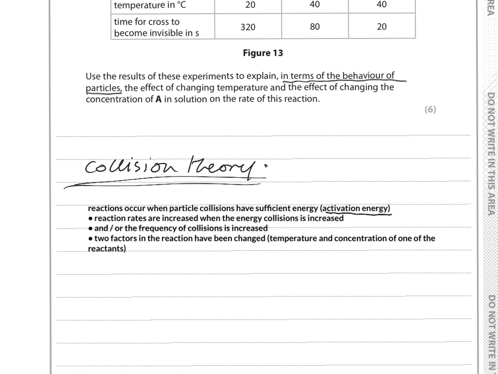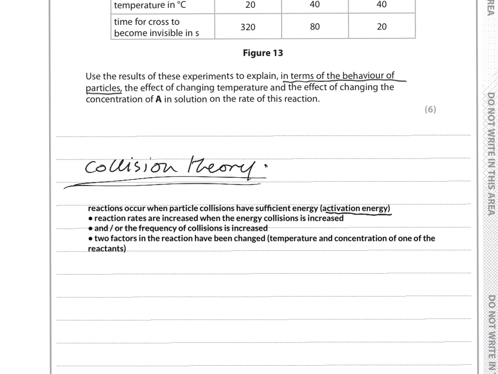And many of you missed this first bit. You went straight into describing the results, and that's where you've lost your marks. And it says reaction rates are increased when the energy of collisions is increased or the frequency of collisions is increased. So reactions go faster because particles hit each other with more energy or more often.